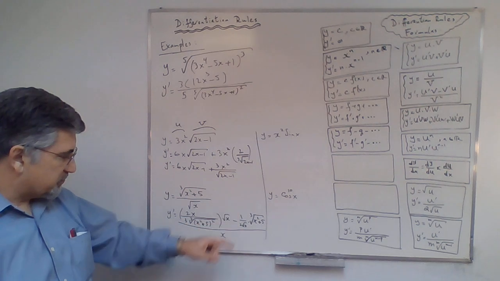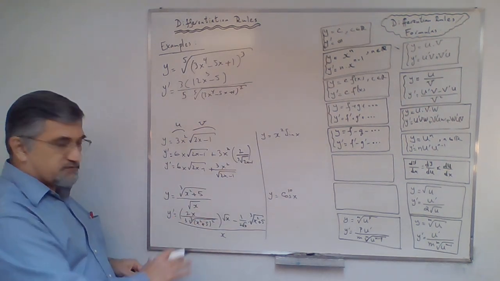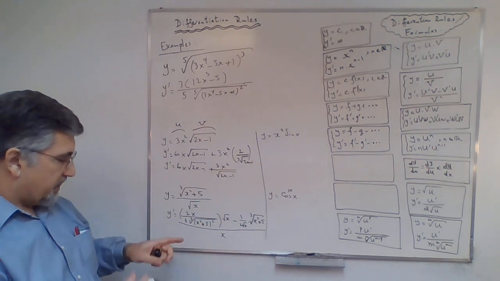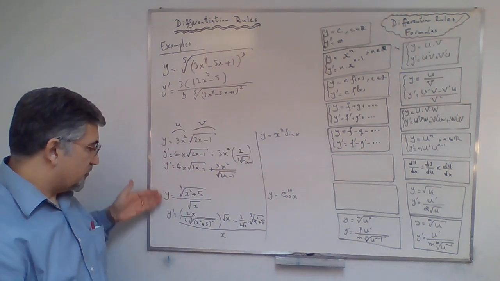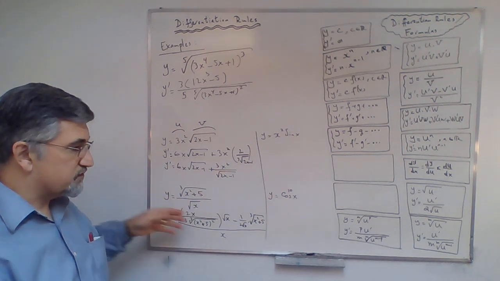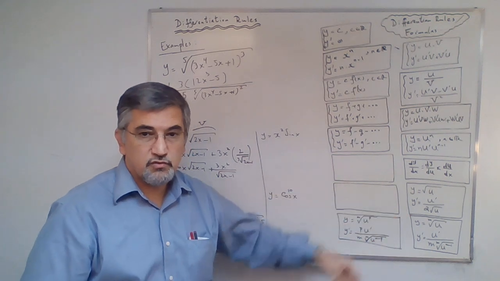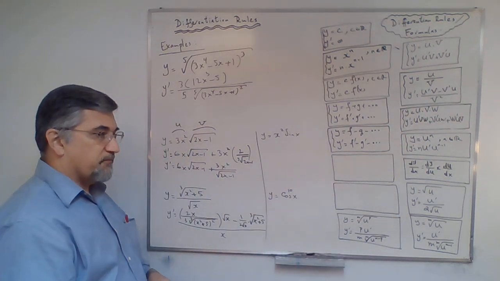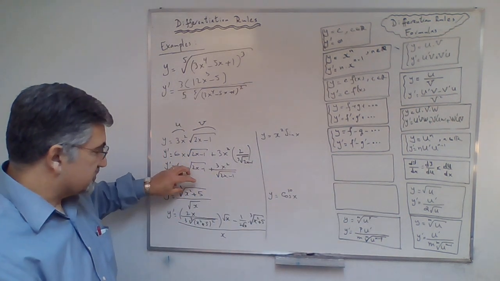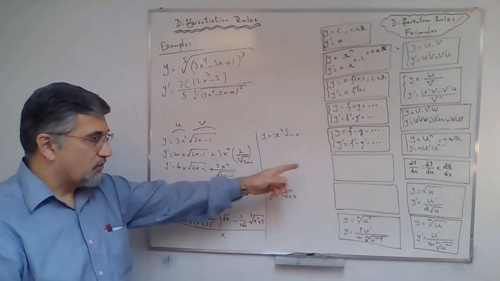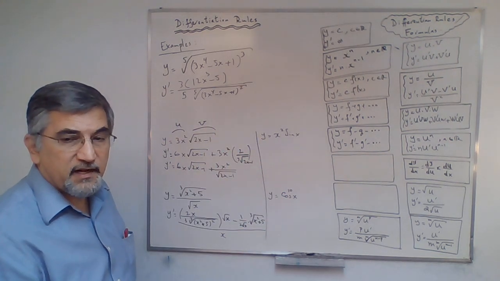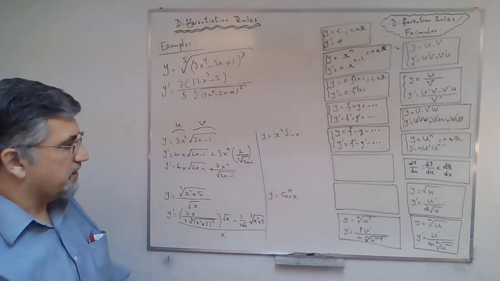I know this is not simplified, I leave it as it is for now, but complicated functions like this, you can find their derivatives using these handy shortcut formulas. Imagine if you wanted to find this derivative separately, it would be a lot of work. So it's not a bad idea to know those formulas and apply them.